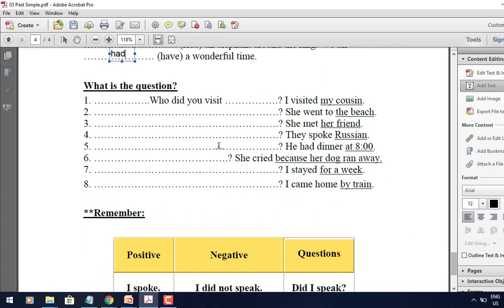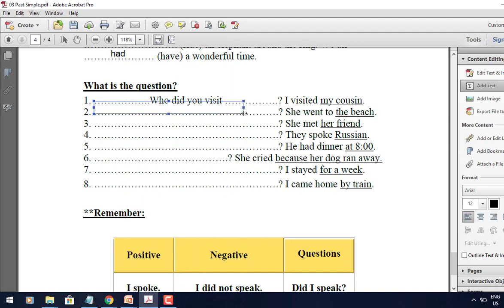Now, what is the question? We have a sentence and we need to ask about the underlined word. I visited my cousin. The underlined my cousin is a person, so we use who. Did you visit? Who did you visit? Then number 2. She went to the beach. The beach is underlined and this is a place.